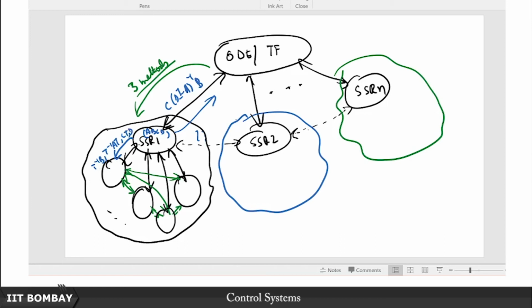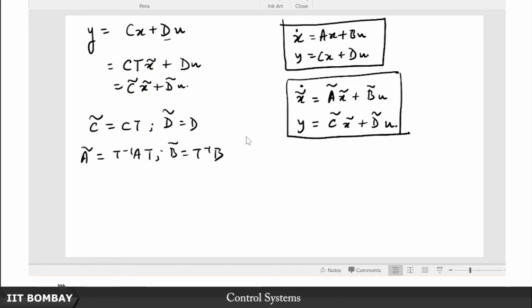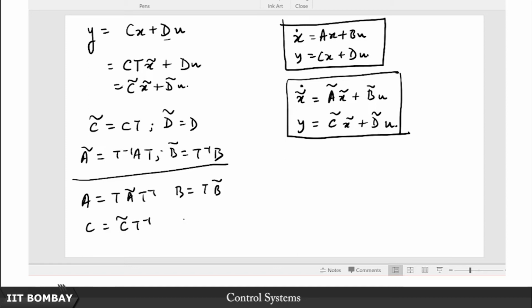If you want to get from here to here, that is also not very difficult. You just take the same opposite transformation. So you want to go from A tilde to A, then you have A is given by T A tilde T inverse, B is given by T B tilde, C is given by C tilde T inverse, and D is given by D tilde.